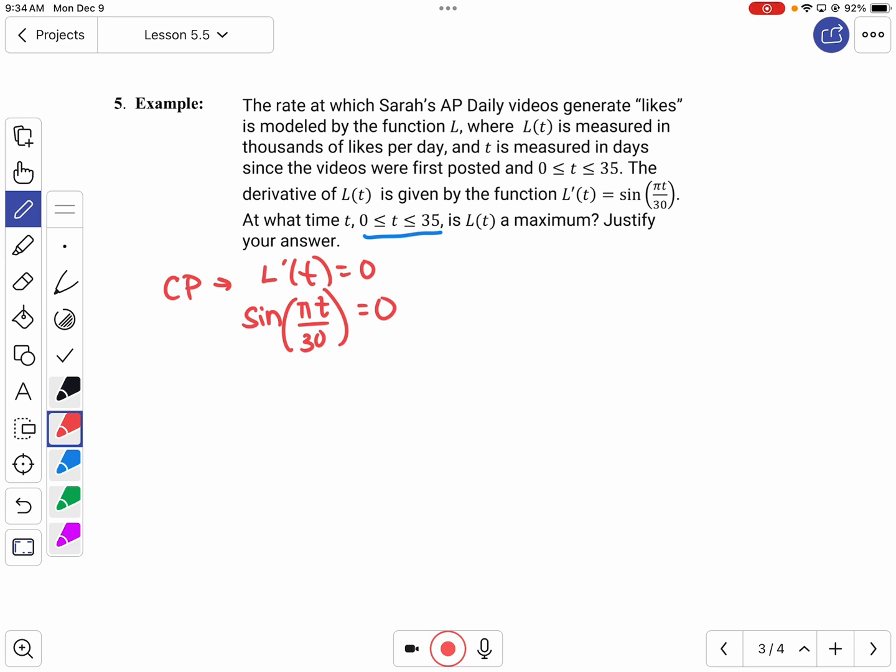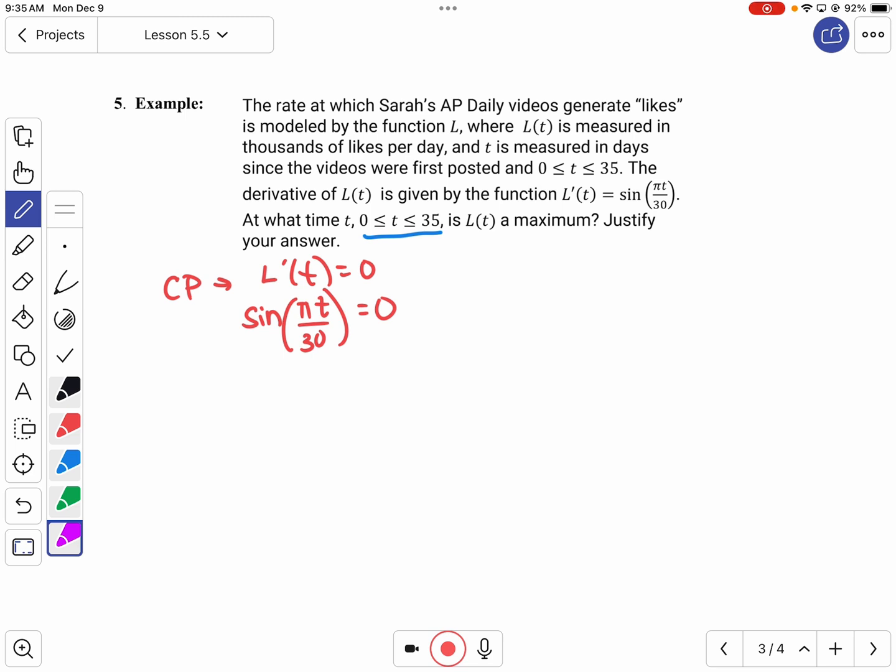This one's a little bit trickier, because we have to think about where sine is equal to 0. Anybody know? 0, pi, 2 pi. So let's find that first one.